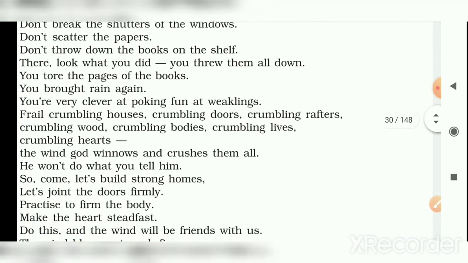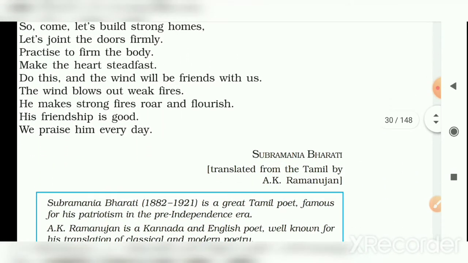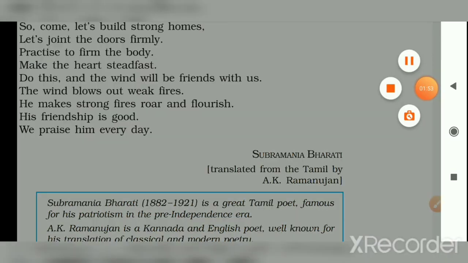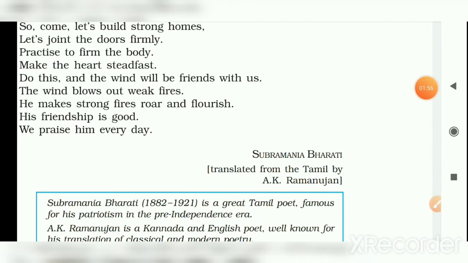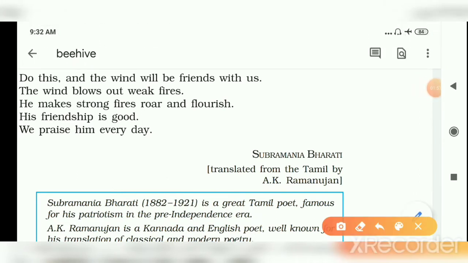Apart from that, at last, here two characters are given. First one is Subramanya Bharati, and another one is A.K. Ramanujan.